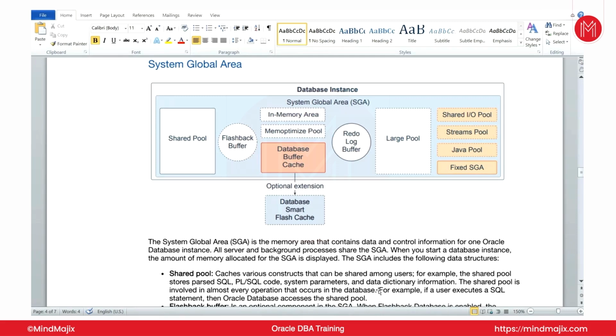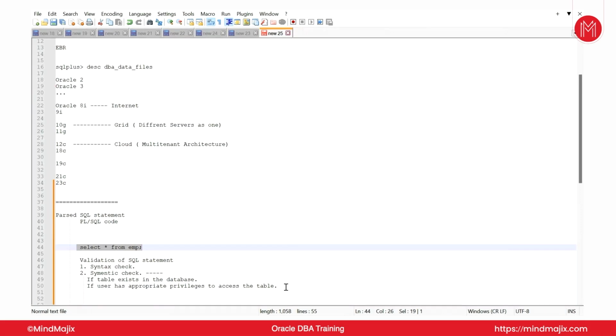A lot of things happen in the execution also. We are going to see that. So when an SQL comes for execution, if it finds an already parsed statement, it doesn't parse the SQL, and that is called soft parsing. So what is soft parsing? When the SQL is already parsed.